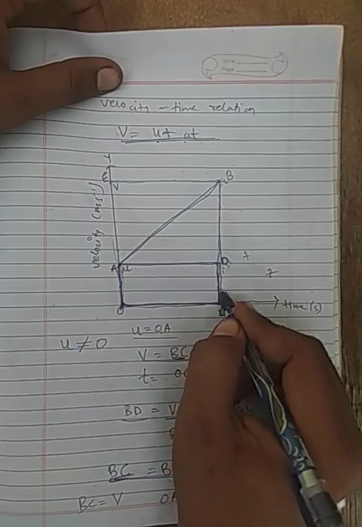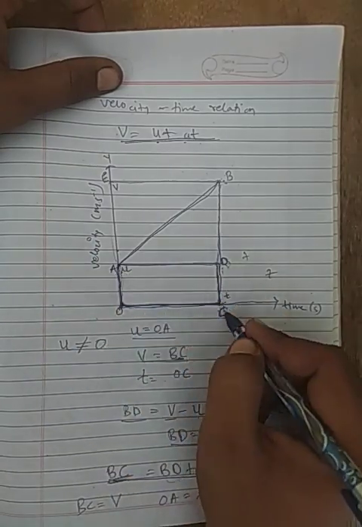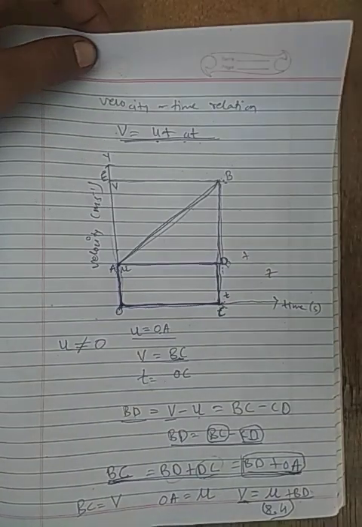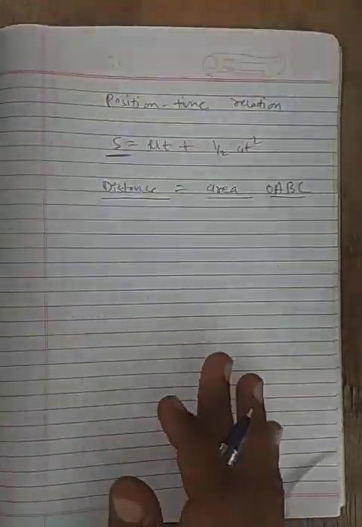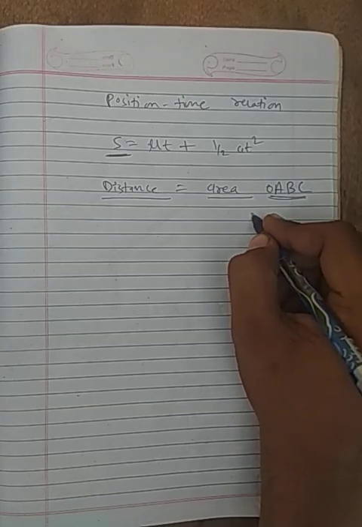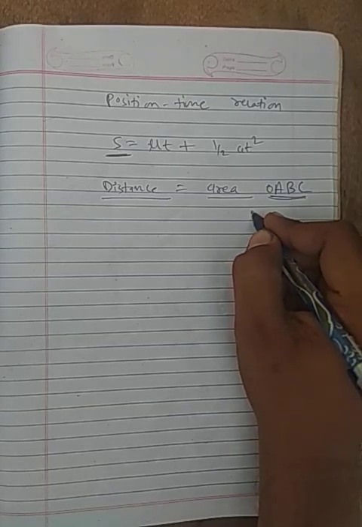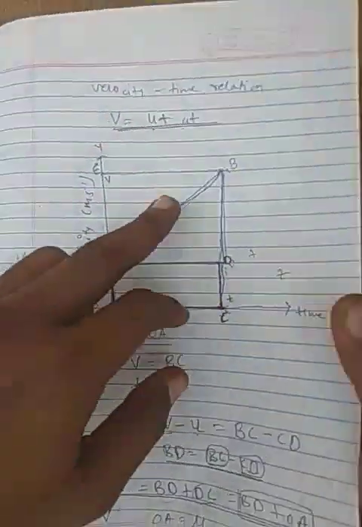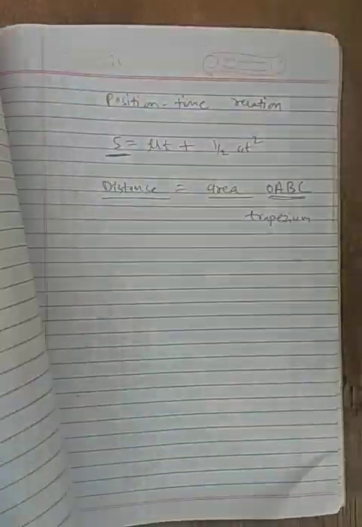So we will divide it in two parts. This is rectangle OADC, and ABD is a triangle. This kind of shape, OABC, is called a trapezium.